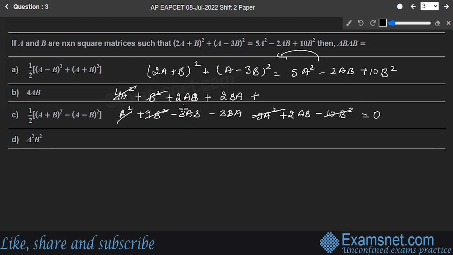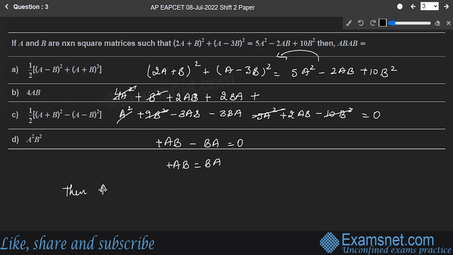And you will be left with AB minus BA is equal to 0, which gives you AB is equal to BA.